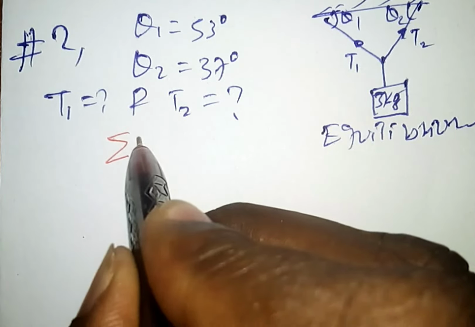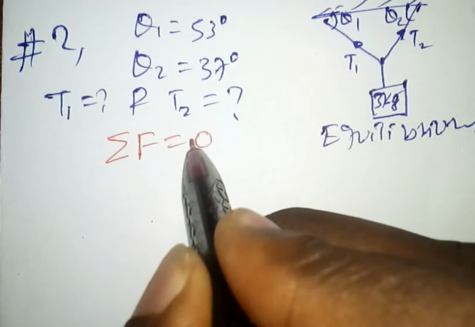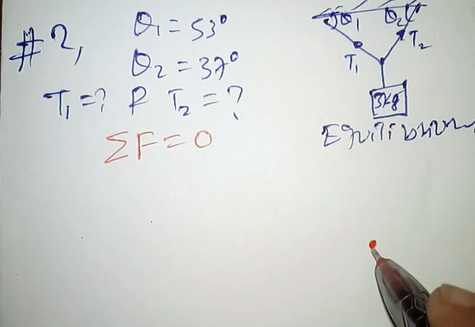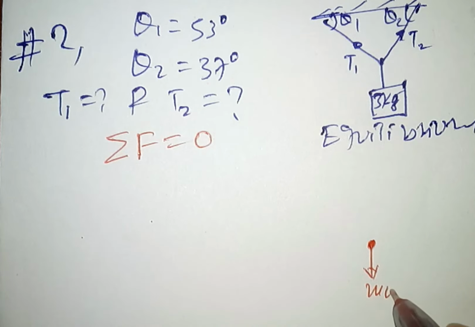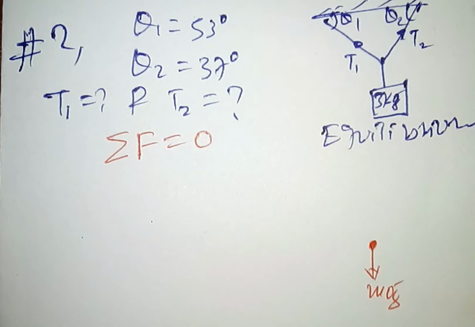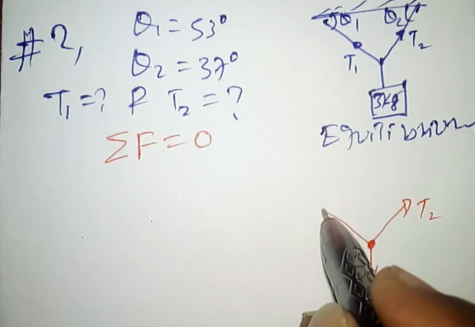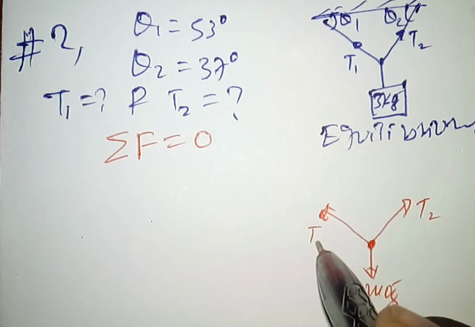For the first condition of equilibrium, which says the sum of all the forces acting on this system is 0, this is the point at which the mass is acting, and mg of the object is directly downward, and the tension T2 is acting like this, and the tension T1 is acting like this.